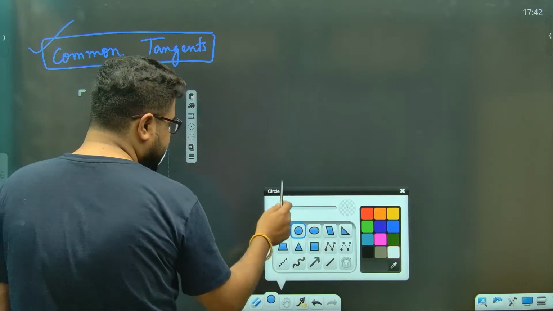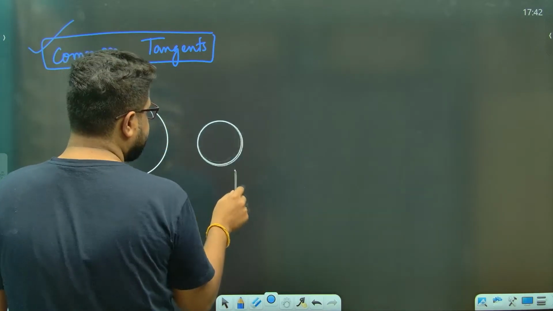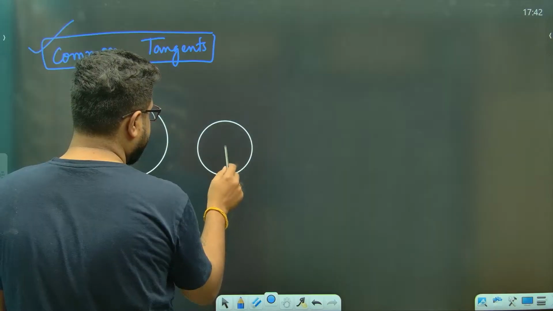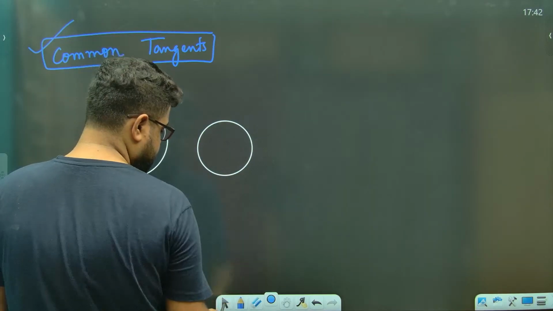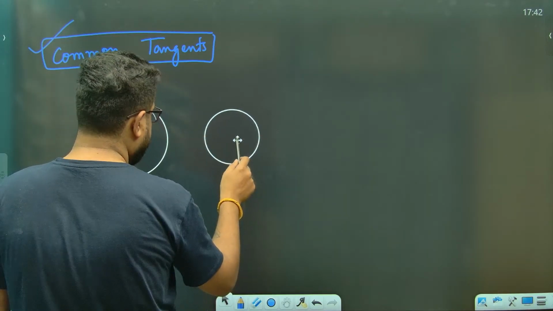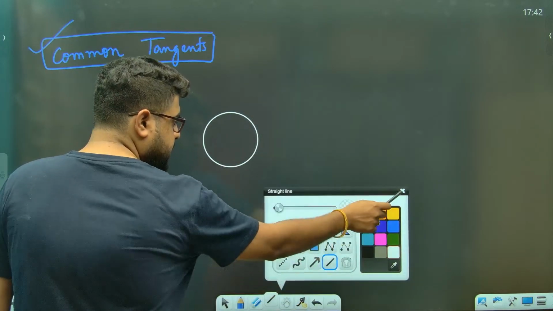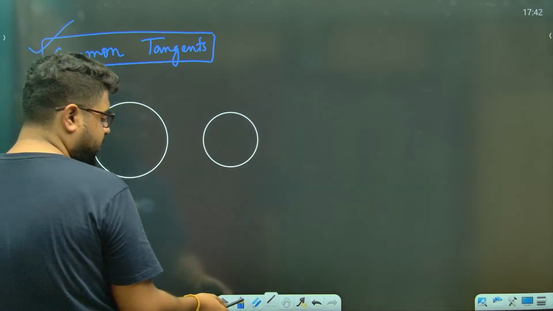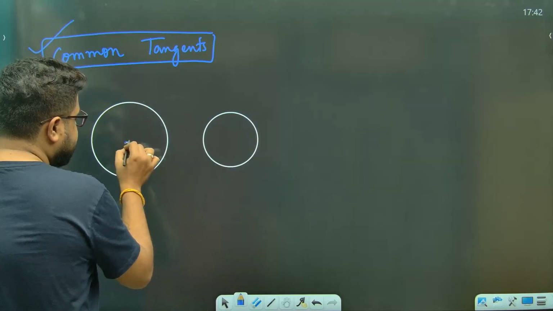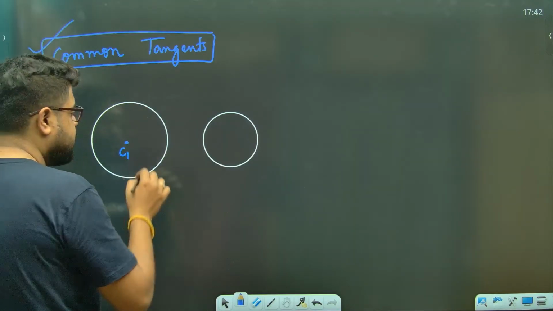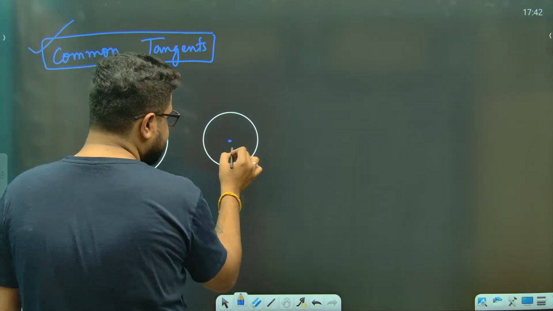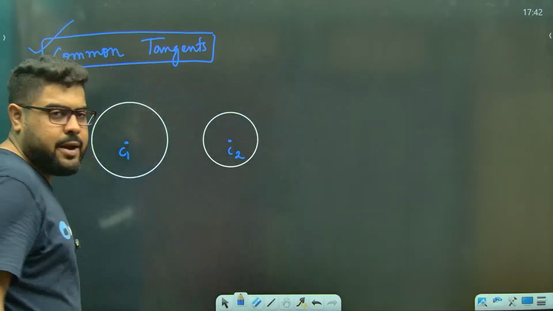Sir, one circle is like this. And say the other circle looks something like this. अरे यार no. ठीक है? So tangents, before I draw, sir. So let's say this is the center of the first circle, and this is, sir, let's say center two, okay?